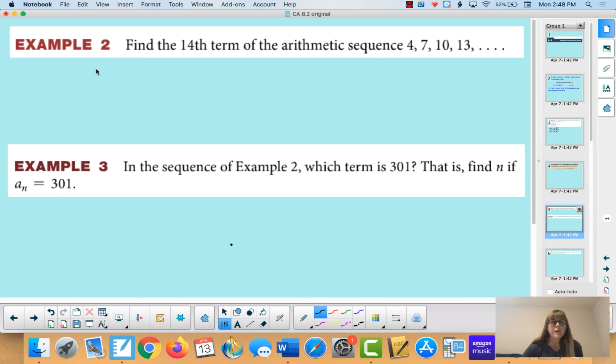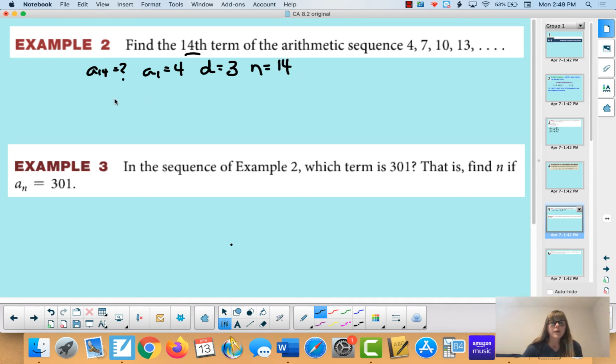So we're trying to find a sub 14. We know that the first term is 4. We know that the common difference between each of those terms in this series is 3. And we're trying to find the 14th term. That's n.